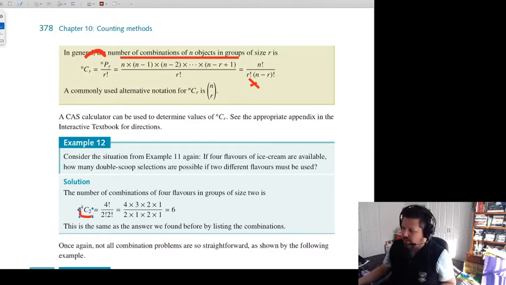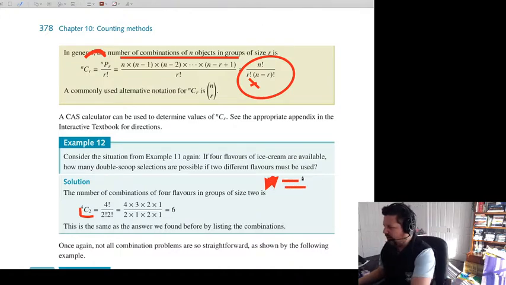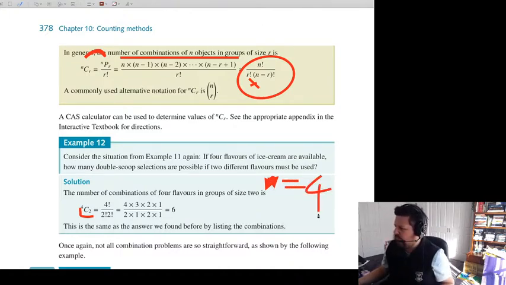If you don't have a calculator, you can apply this rule that's up here. So we know that NCR is the same as this here. In this case, n was equal to 4, and R was equal to 2.